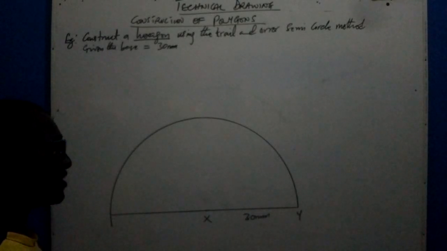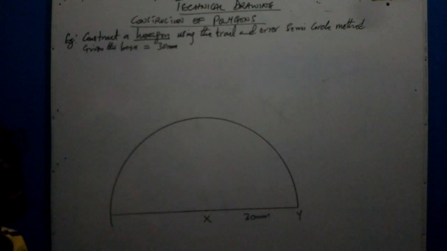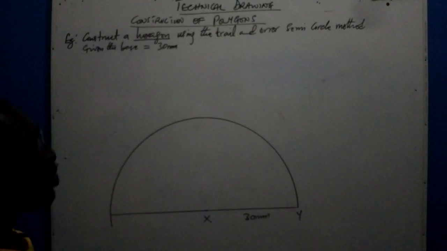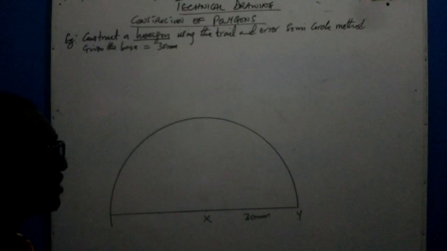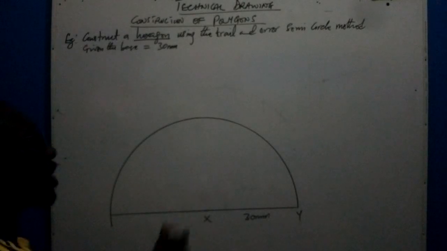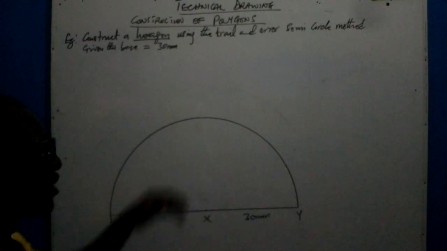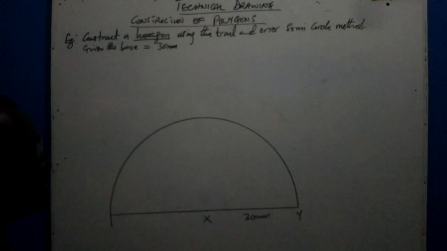As after getting your semicircle, you should look at the size of the polygon you are constructing. What is the size of the polygon you are constructing here? Hexagon, which is 6 sides. It means that you are going to make the full angle. The total angle of a semicircle is 180 degrees.